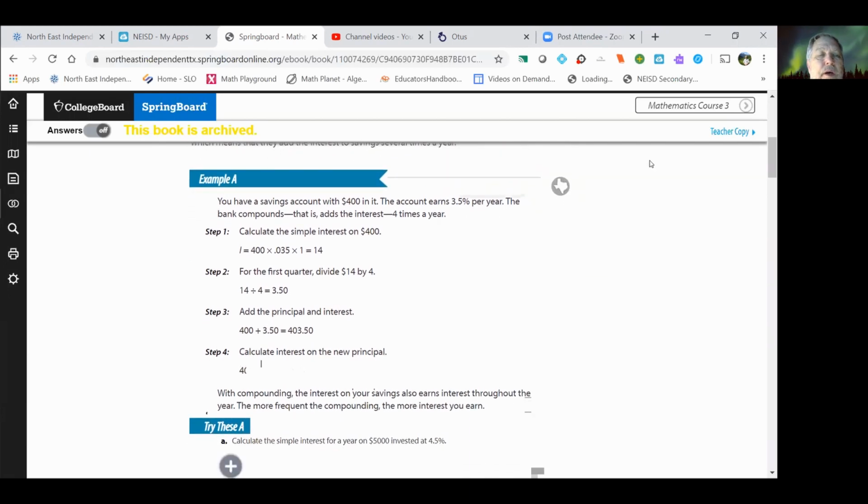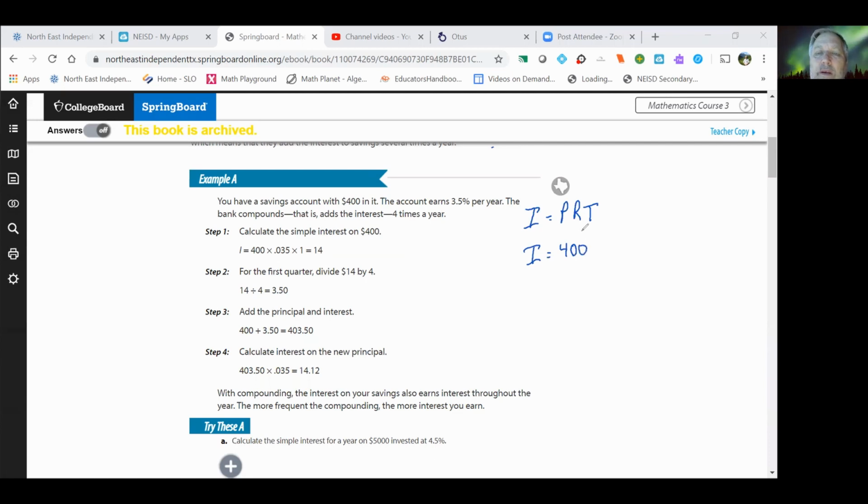Example A. You have a savings account with $400 in it. The account earns 3.5% per year. The bank compounds, that is, adds the interest 4 times a year. Step 1, calculate the simple interest on $400. The interest is the principal times the rate times the time. $400 is the principal.